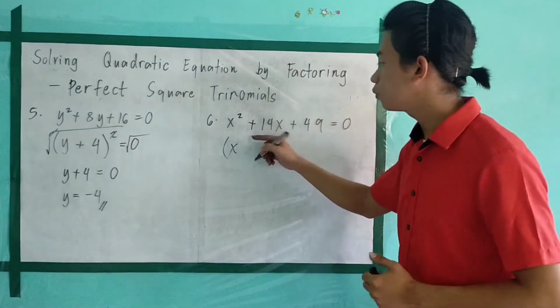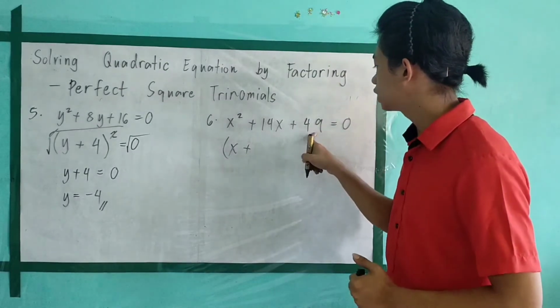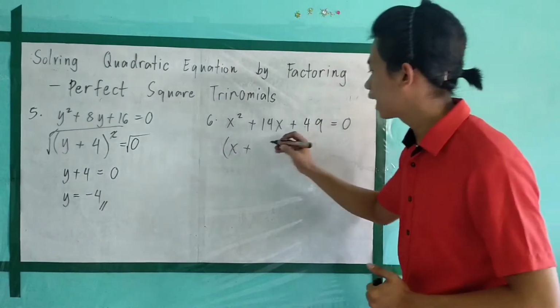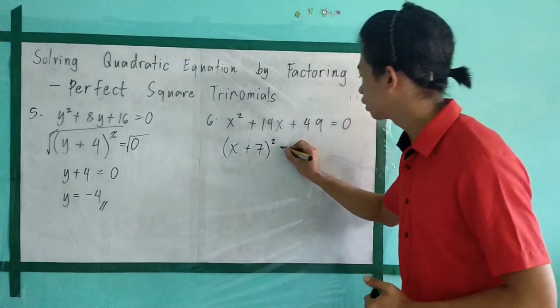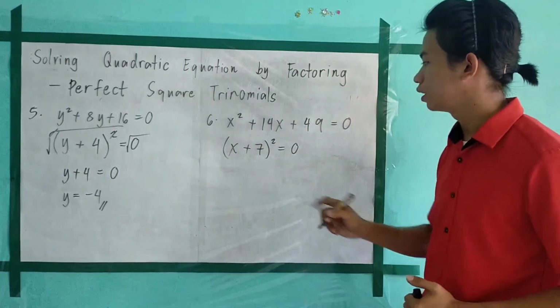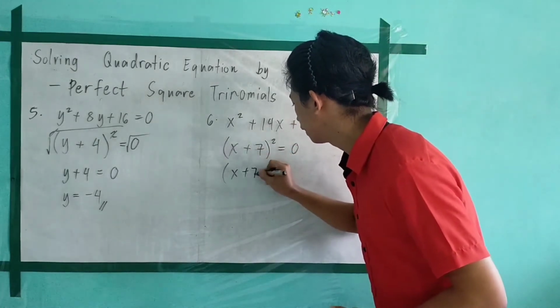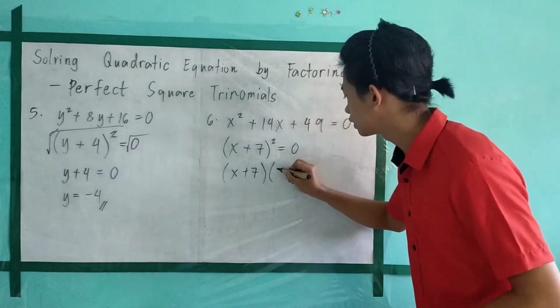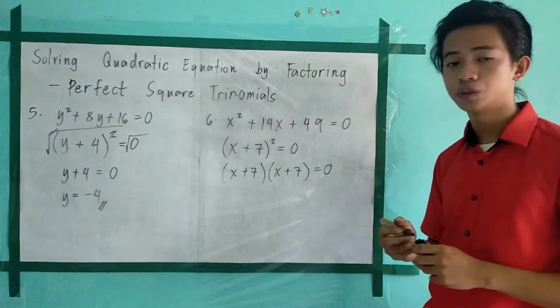Sign of the middle term, we have positive, therefore positive din gagamitin natin. Then, square root of 49, we have 7. Then, square natin siya, which is equal now to 0. Expand natin, we have x plus 7. And the other one is x plus 7 is equal to 0.